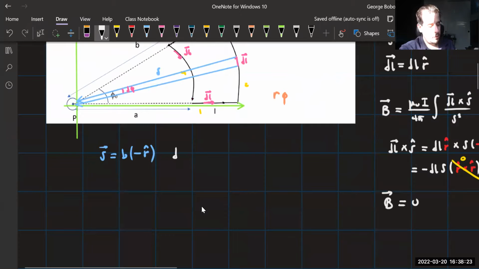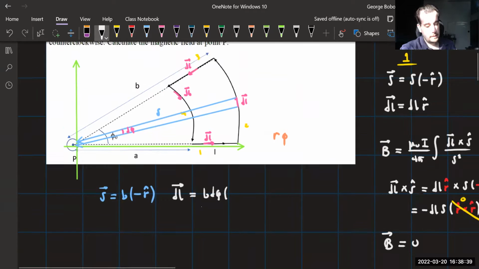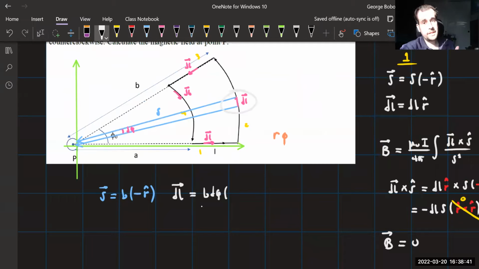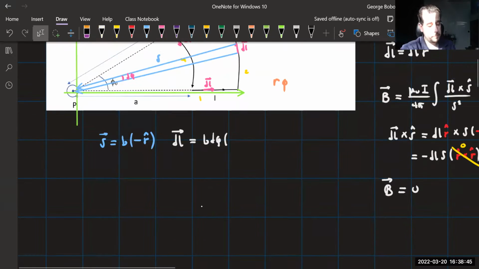Okay, so dL, the size of it, we can do it as a vector actually. So the size of dL is R, curly R, which we said is going to be B, and then times d phi. The direction it's moving right now, this is defined as the positive phi direction if you're going counterclockwise. So this is positive phi.